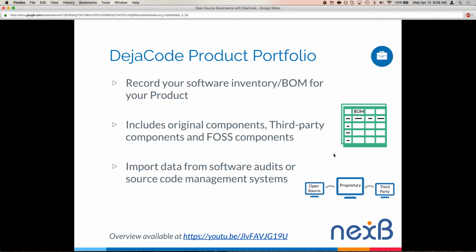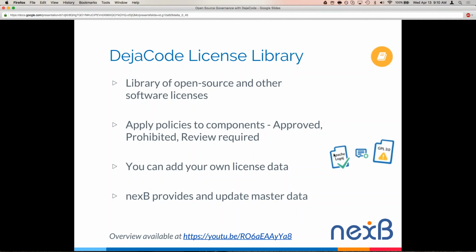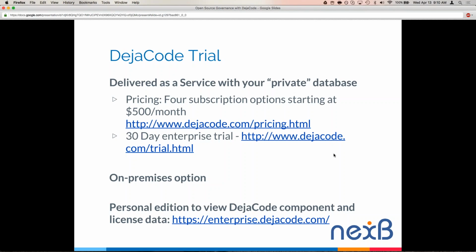In this slide deck, we have more details about our product portfolio, component catalog, and license library. These are mainly made as handouts, and you'll see available some YouTube videos that present each of these modules for you to get back to after this webinar. We will share, obviously, this slide deck with you at the end of the session, along with the recording.